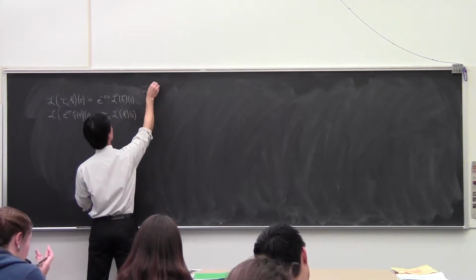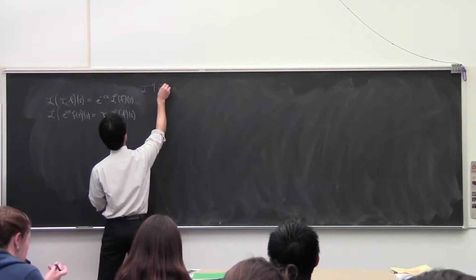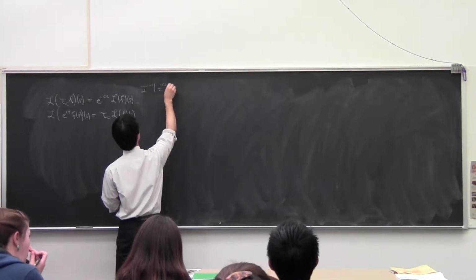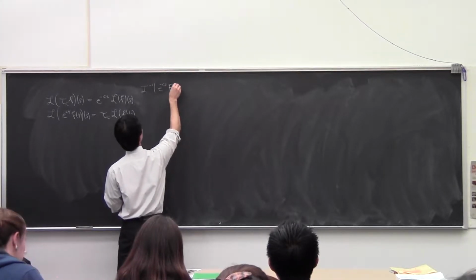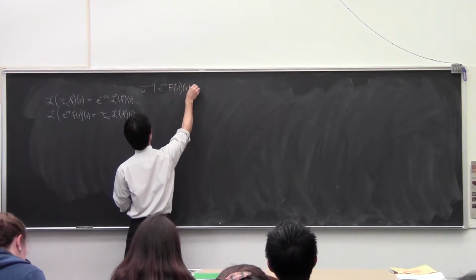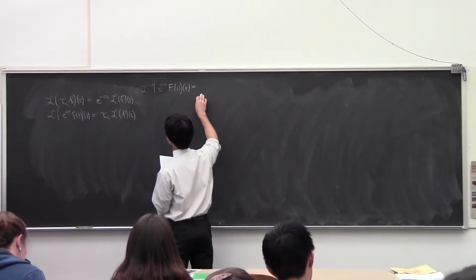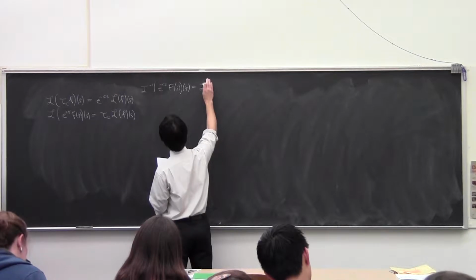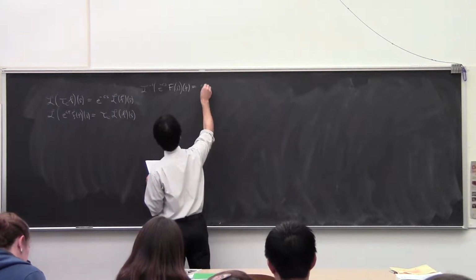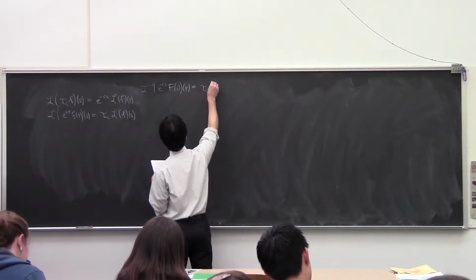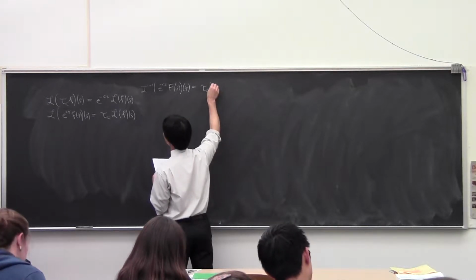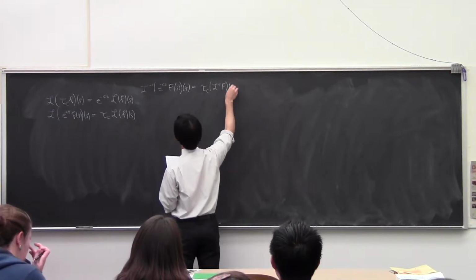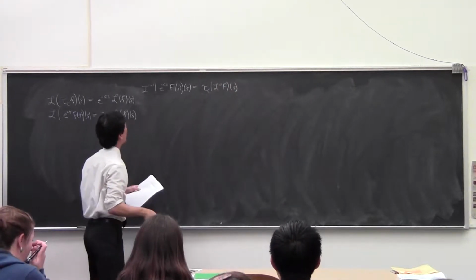The inverse Laplace transform of e to the minus cs times F of s is of course the translate by c of the inverse Laplace transform of big F of s.